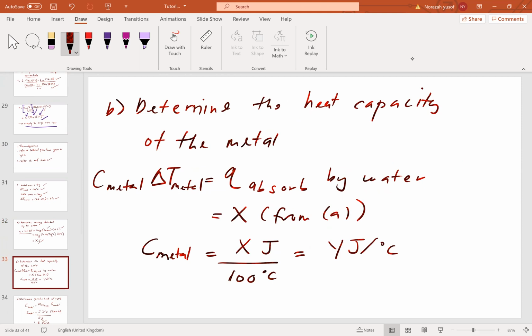Now, the next thing is determine the heat capacity of the metal. So what is heat capacity?